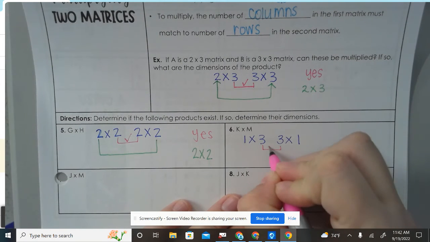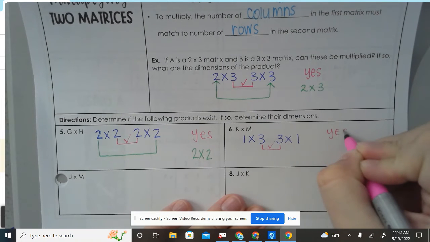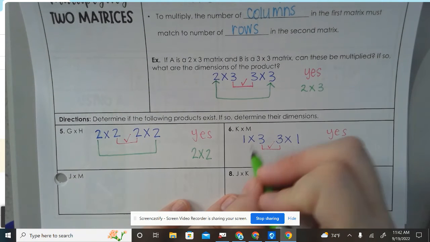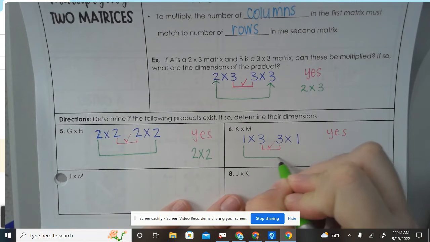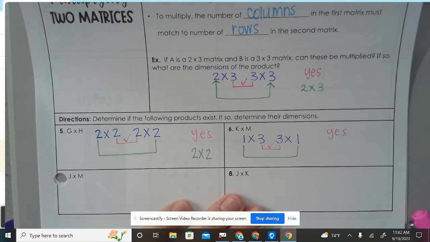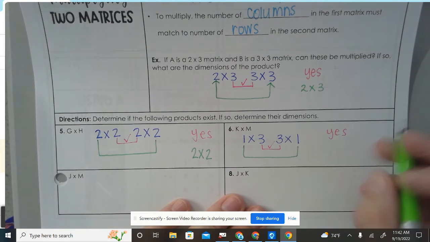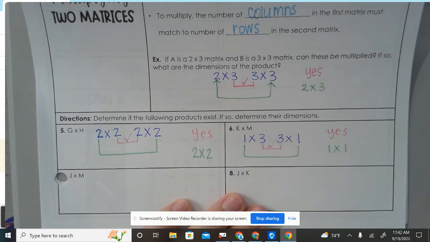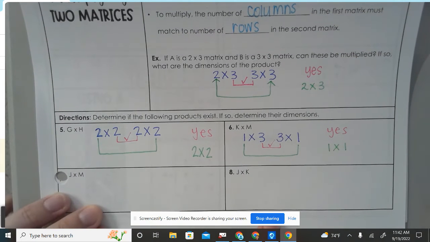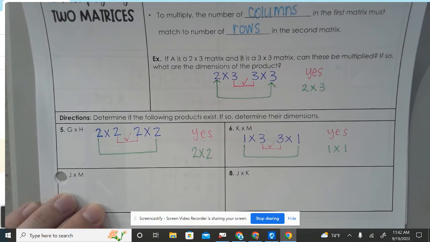Do the middle numbers match? Yes, so we can multiply. What size will my answer be? 1 by 1, which means it's only going to have one number in the matrix.